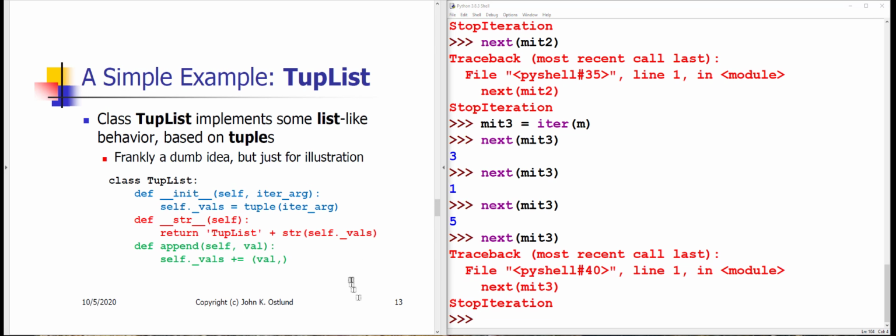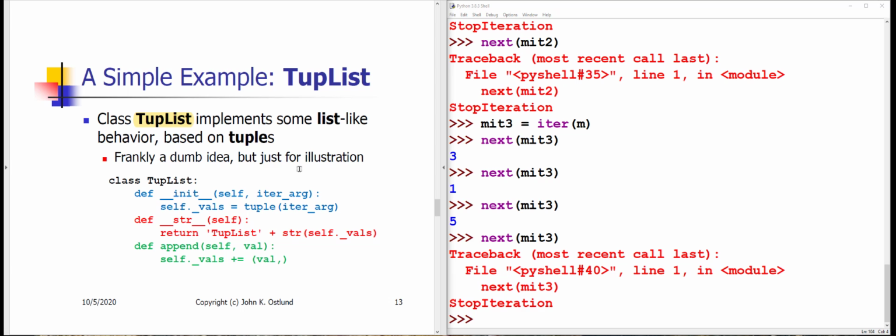So here's an example. I'm going to create a class called TupList, which implements a little bit of list-like behavior, but using tuples internally to keep track of the values that are said to be in this TupList. Now, this is dumb.